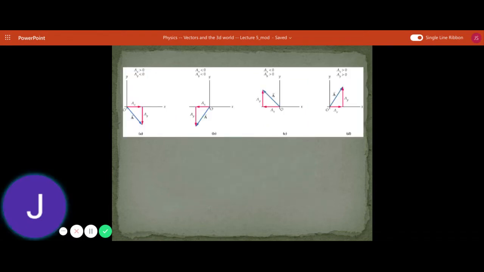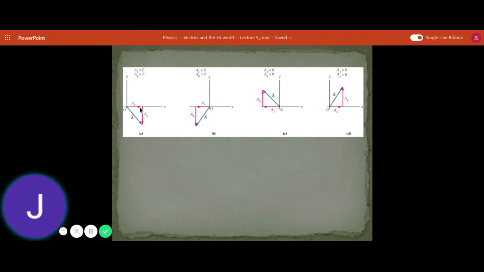So when you're breaking up a vector into its components, you have to be conscious of what quadrant your vector's in, because remember, in different quadrants, x can be either positive or negative, and y can be either positive or negative. And those represent the components. If you look at part A here, the vector's in the fourth quadrant: 1, 2, 3, 4.